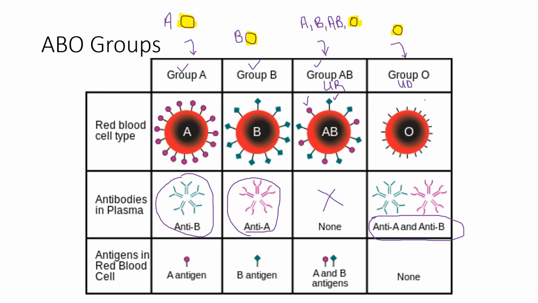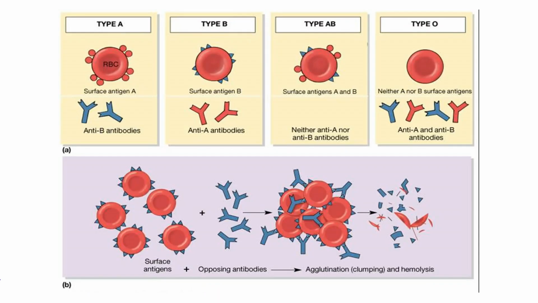They can donate to everybody because they have no antigens. Sorry, I'm running with my mouse. That's why it takes me a minute. So we've got our universal recipient and our universal donor. So now let's throw in a little bit the RH group. We'll talk about the RH group in just a second.